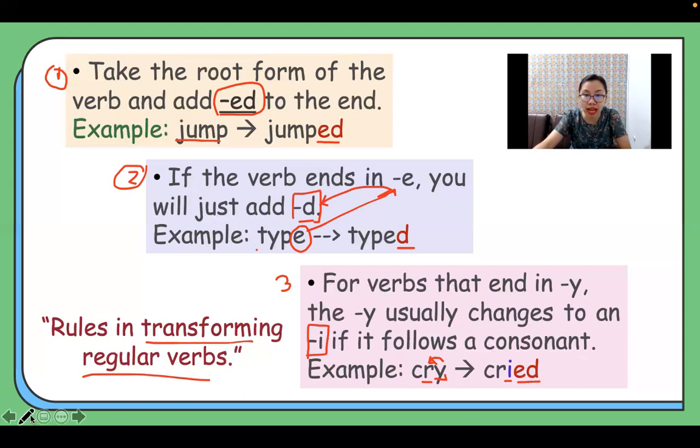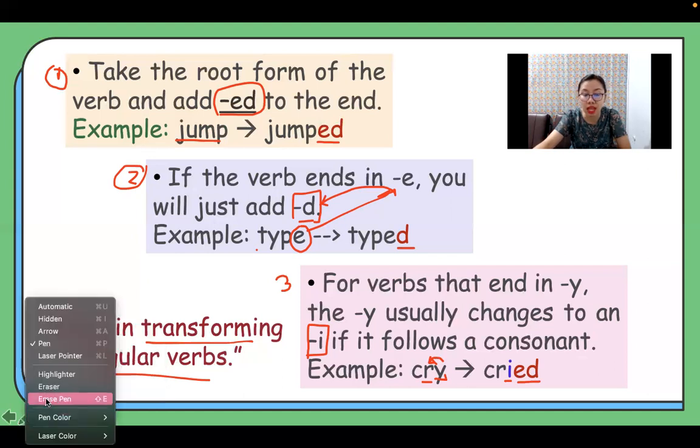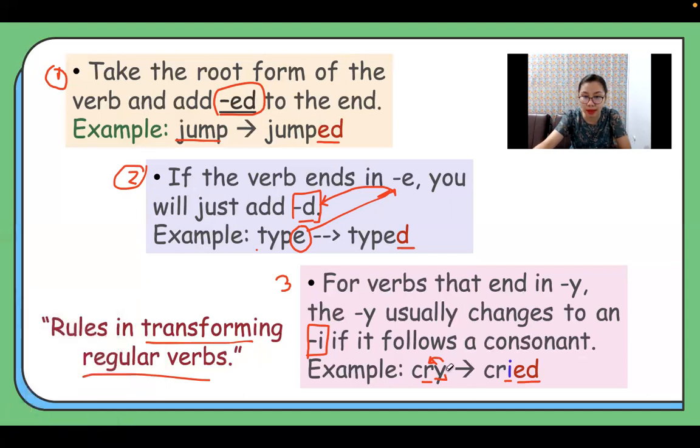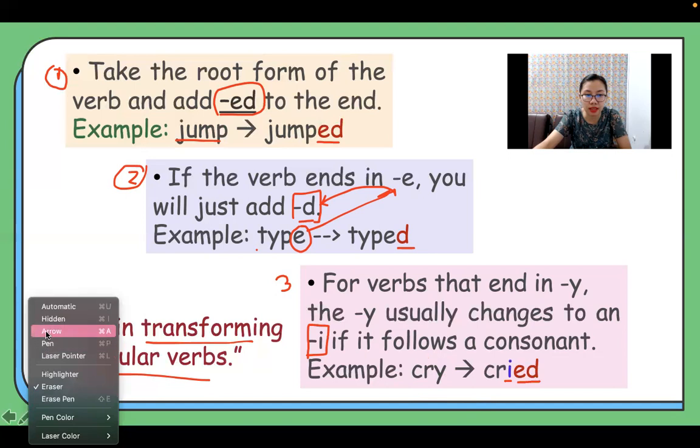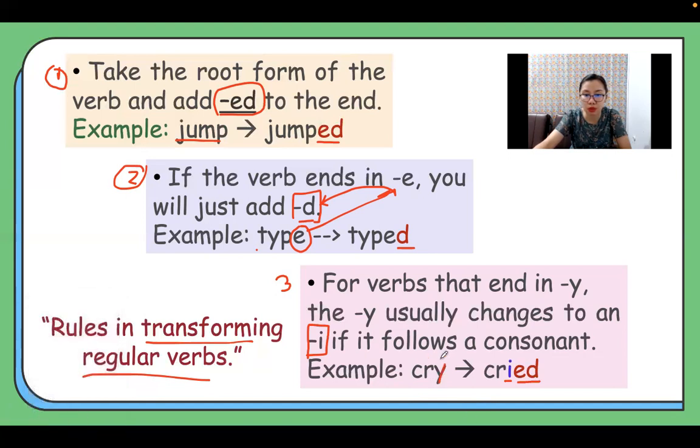Now cry becomes cried. Again, we just cross out y, add i, and then add ed, then it becomes cried.